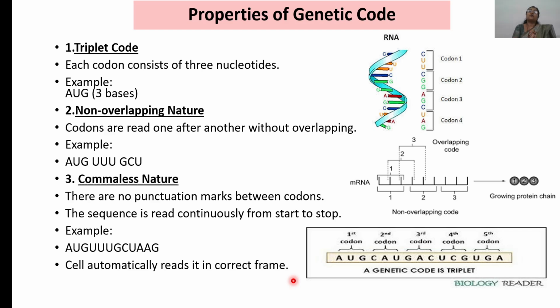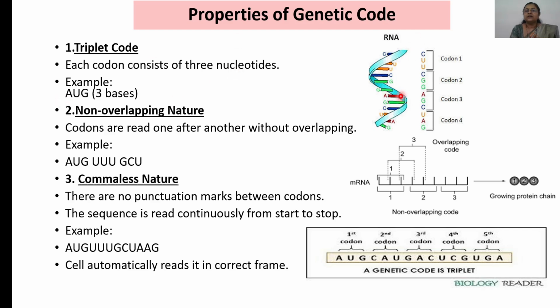Then we move towards the properties of genetic code. The first property is a triplet code. Codons are always in a triplet form. Each codon consists of 3 nucleotides, hence triplet.